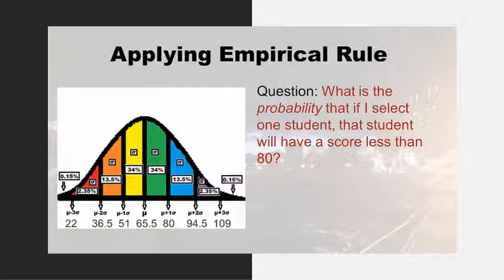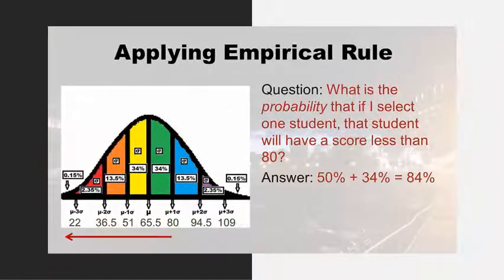What is the probability that if I select one student, that student will have a score less than 80? Where's 80 on here? 80 is a cut point right at this section, right here. So right at this point, we want less than 80. What's the probability that a student would get less than 80? It's adding up all these percentages.